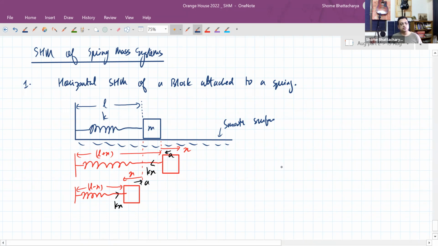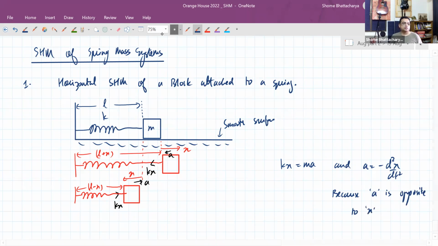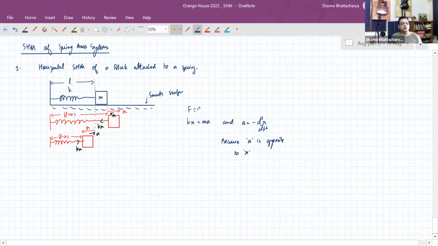So in both the situations you can see that kx is equal to ma and a is equal to minus d2x by dt square, because a is opposite the displacement x. So combining the equation, net force is equal to mass into acceleration.